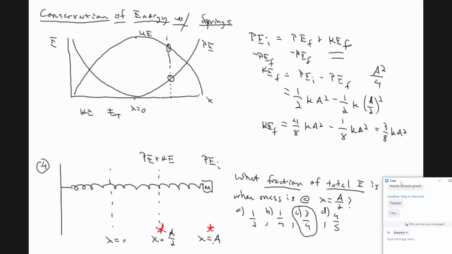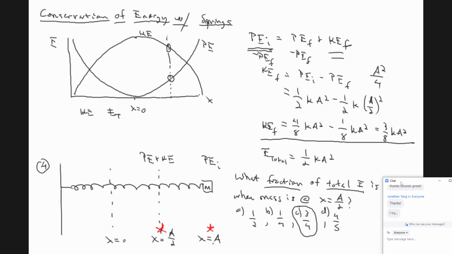But then my question was, what fraction of total energy is in kinetic at that point? So then we just divide the kinetic energy by the total energy, which is the energy we started with, which is 1/2 k A squared.